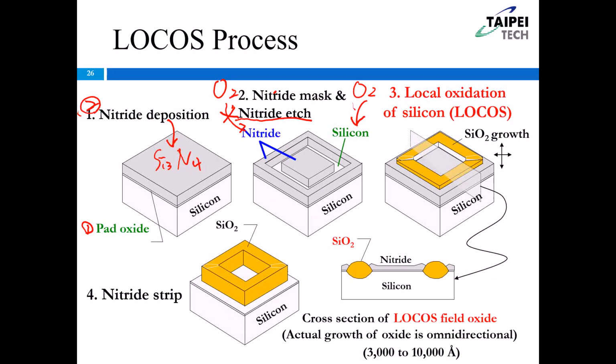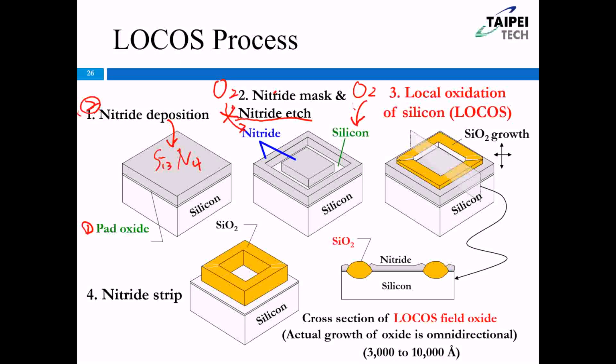That's the reason we call it local oxidation. Local means only in the silicon region can we grow silicon dioxide, so we call it local oxidation of silicon, LOCOS. This is the top view.